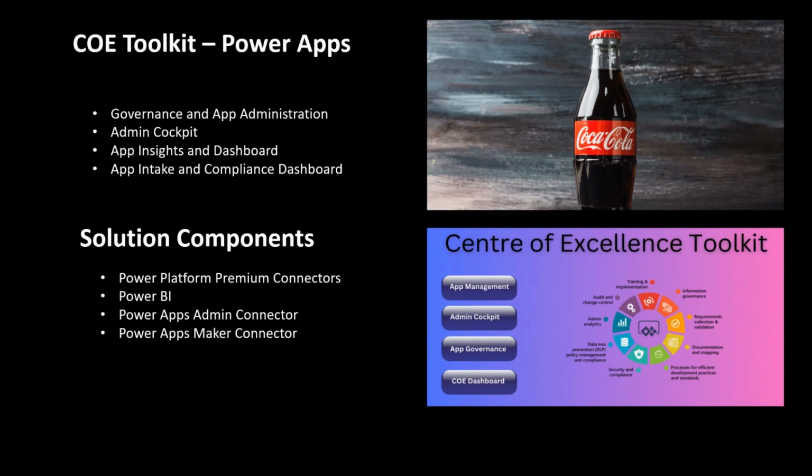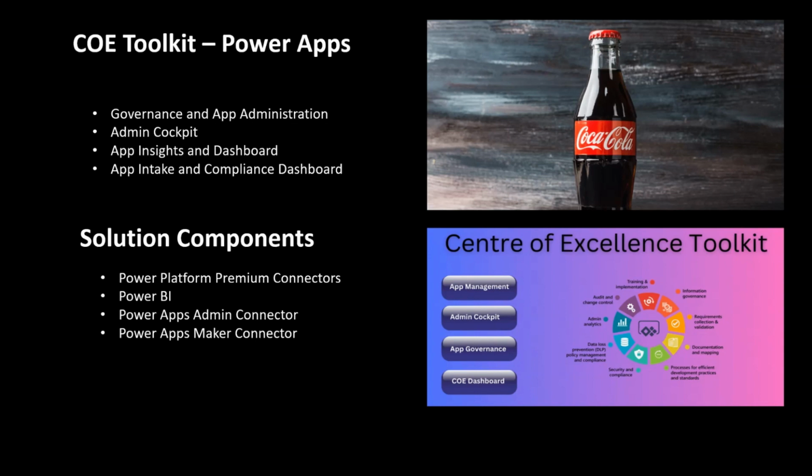It also includes security roles, configuration, DLP policies, removing orphan users, and quite a lot of insights in terms of app insights, flow insights, number of API calls, premium connectors, and so on and so forth. The toolkit provides all of these features for you to configure and deploy as an IT admin and get those insights in a Power App.